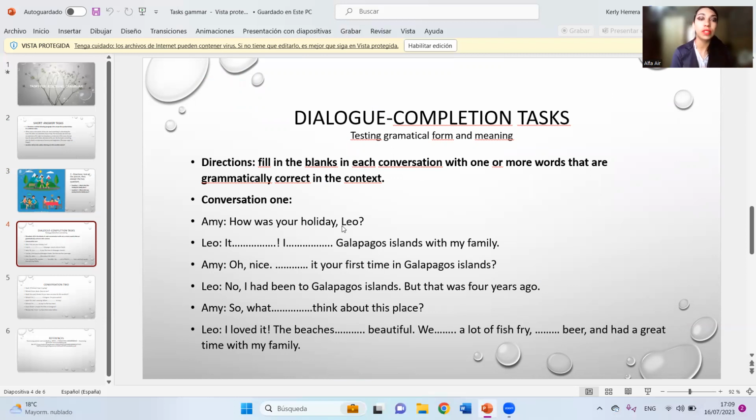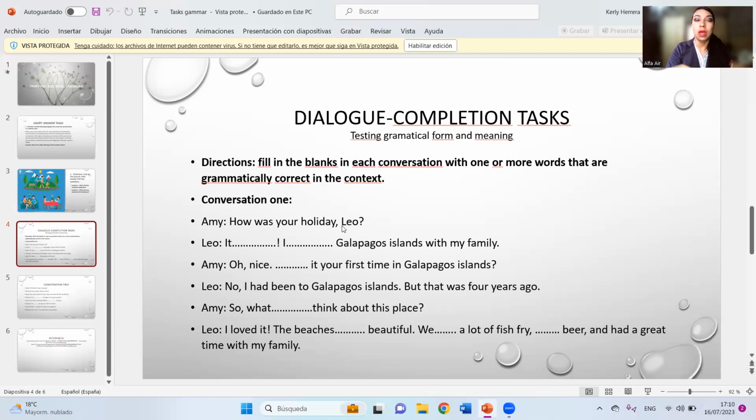Okay, for this type of task, short dialogues are used in which parts must be left blank so that the student completes the activity considering the grammatical structure and the meaning that the situation covers, according to Assessing Grammar and Vocabulary, 2021.